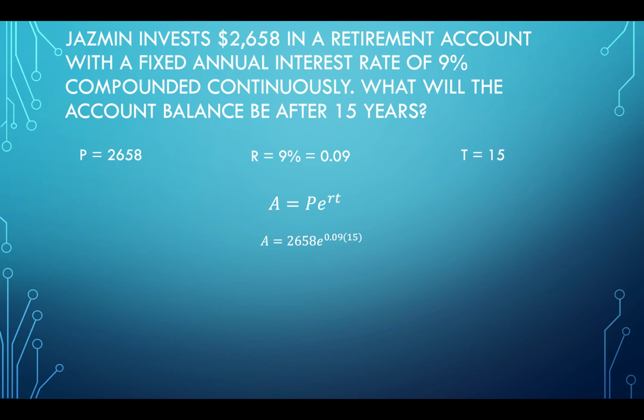So 2,658 times e to the 0.09 times 15 power. Simplify 0.09 times 15, we get 1.35. Do e to the 1.35 power, and we get 3.8574. Now multiply 2,658 times 3.8574, and we get $10,252.97.